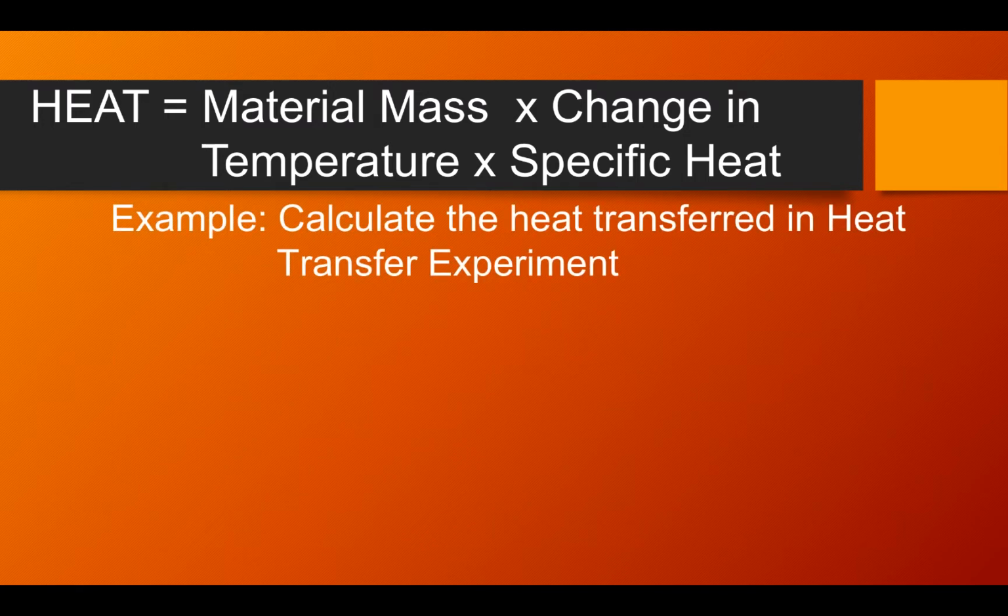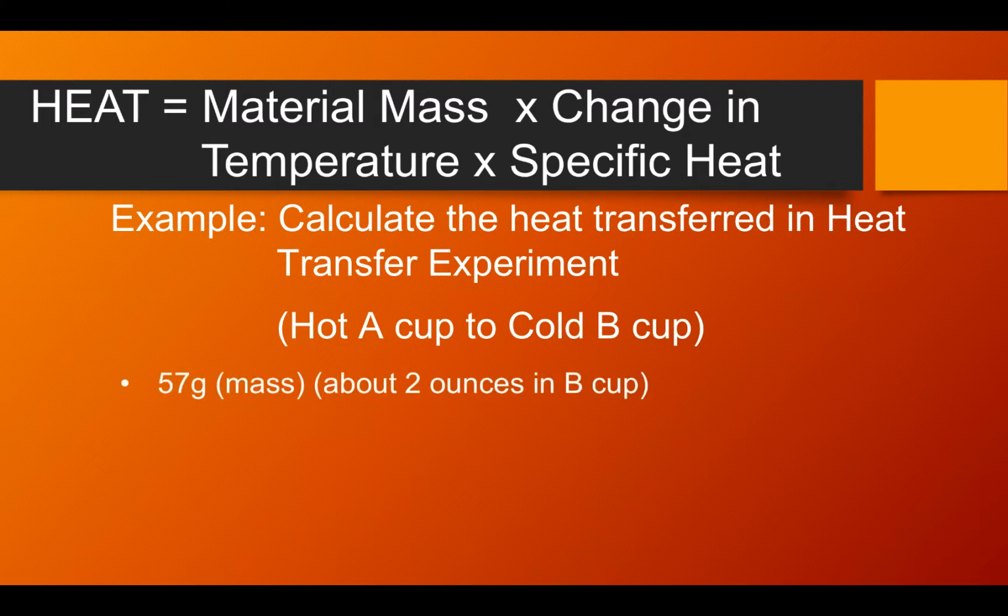Let's think of an example. Let's calculate the heat that was transferred during the heat transfer experiment that we did within the heat transfer module. We had a hot cup of water, A, and that heat was transferred by the aluminum bar over to the cold cup of water in B. We had about 2 ounces of water in the B cup.